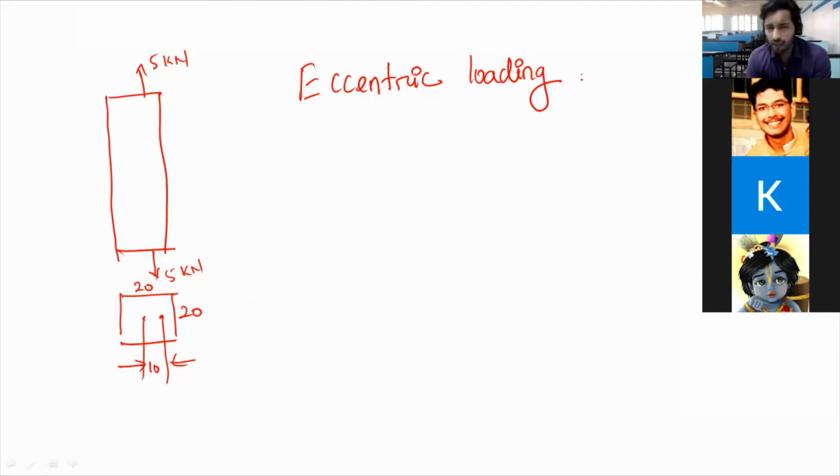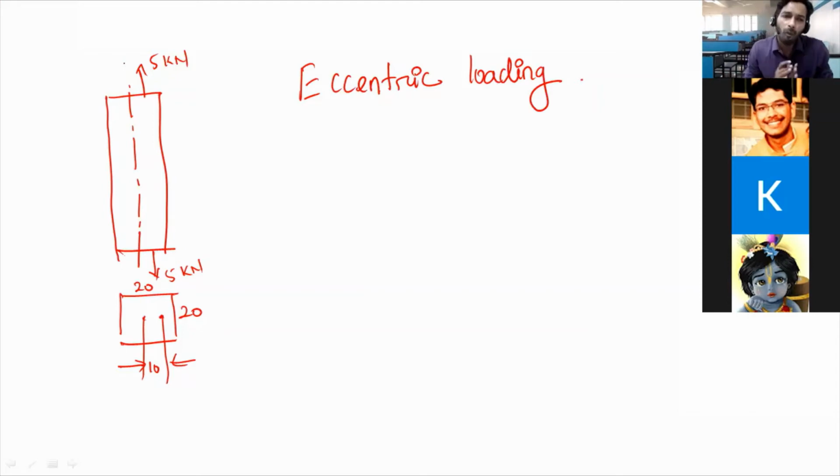Usually in every problem, we assume that the force will be acting along the centroidal axis. Always we consider the force is acting through the centroid. But it may not be the case for every problem.